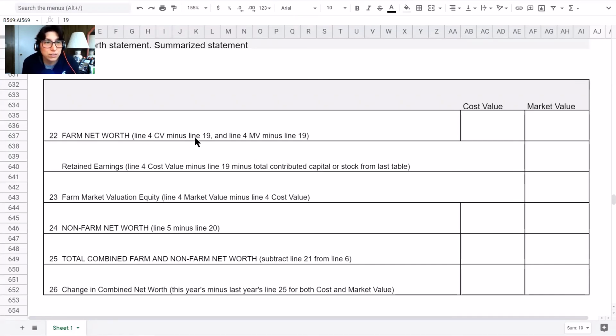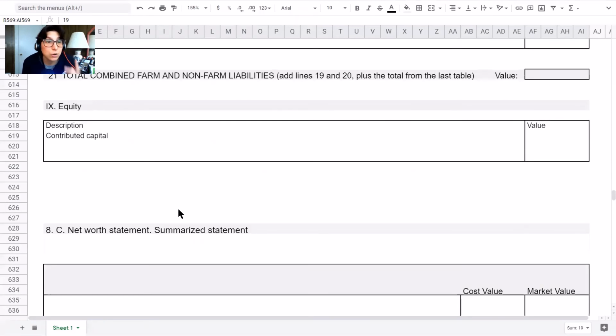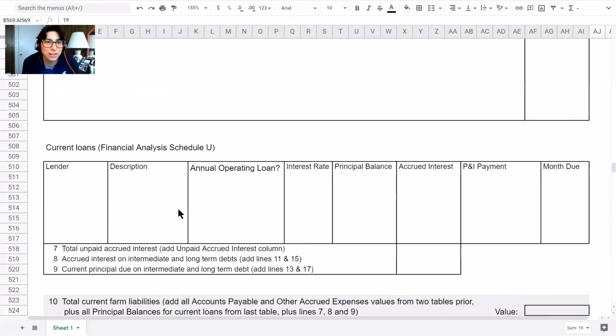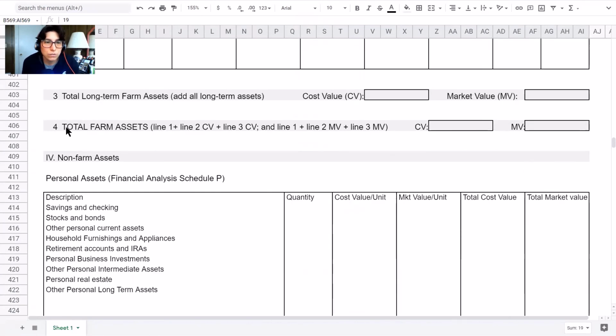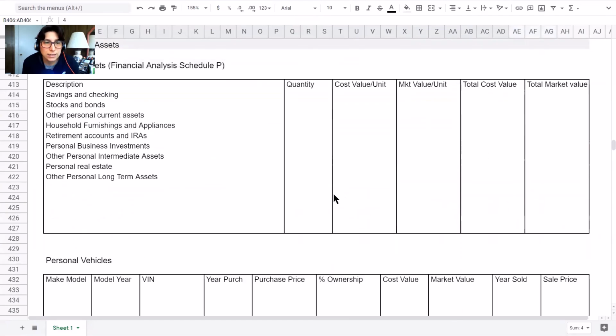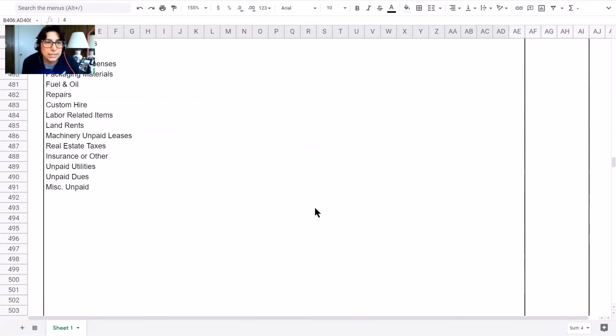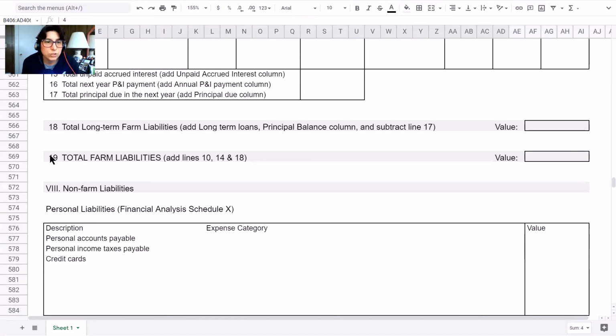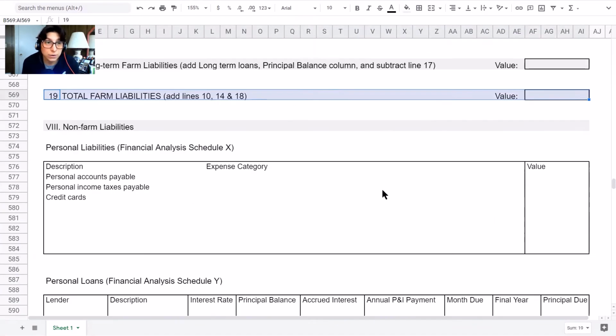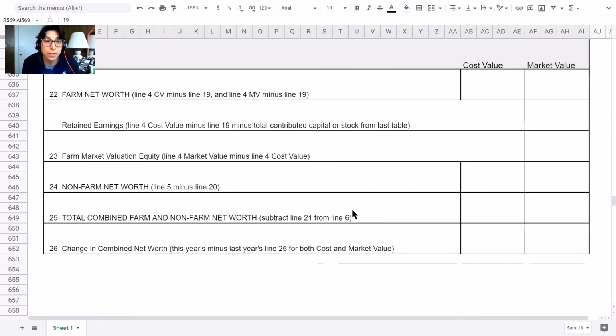Farm net worth? It's assets minus liabilities. Let's go back and double check. Line 4, total farm assets minus line 19, total farm liabilities. That's what net worth is, okay?